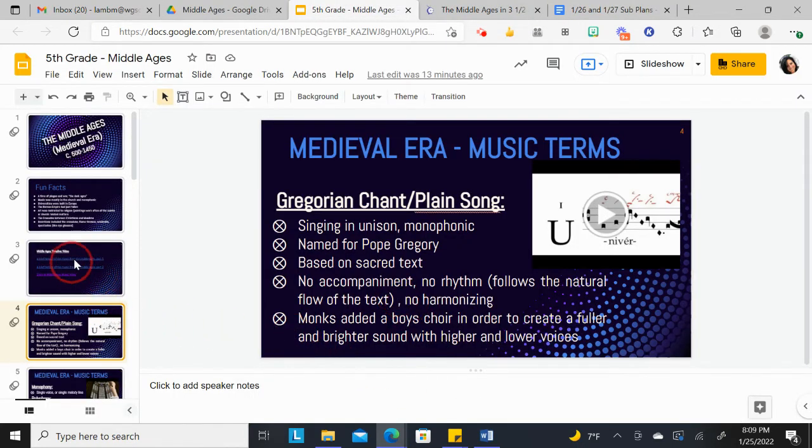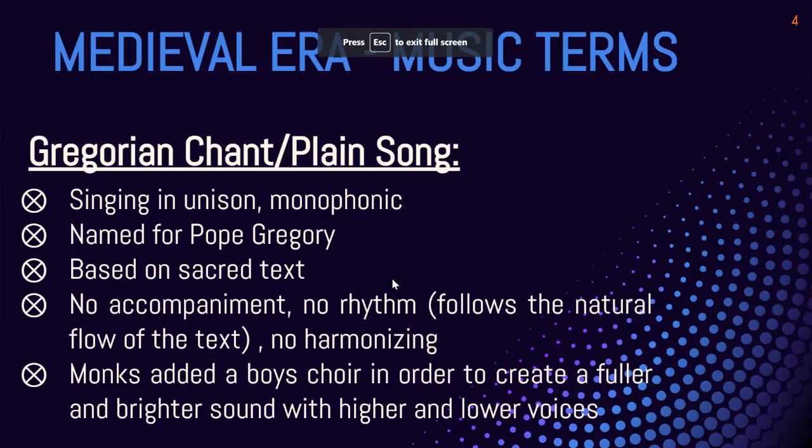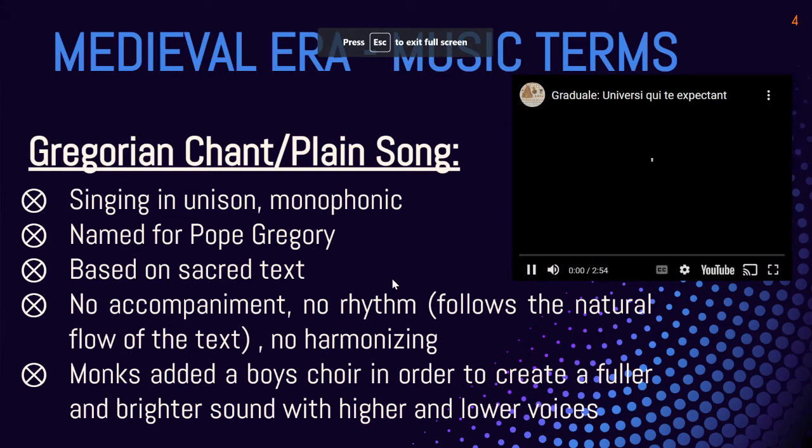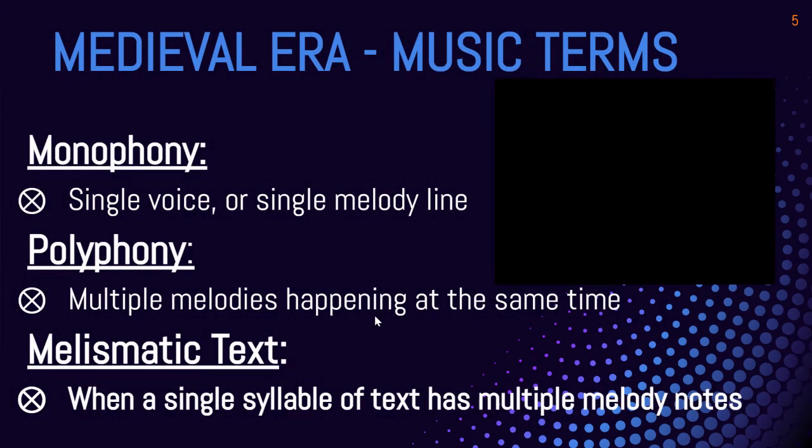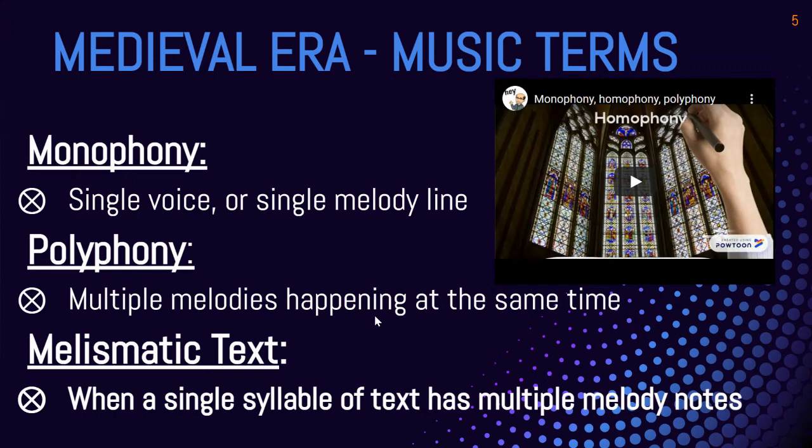All right, moving on. The next musical terms we're going to talk about: monophony, polyphony, and melismatic text. Monophony we have talked about several times, only we called it monophonic.